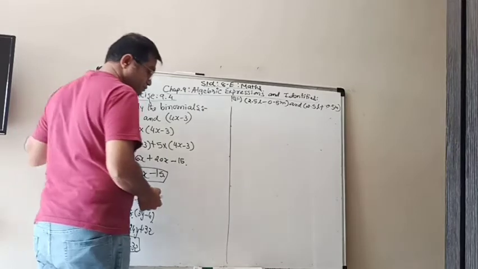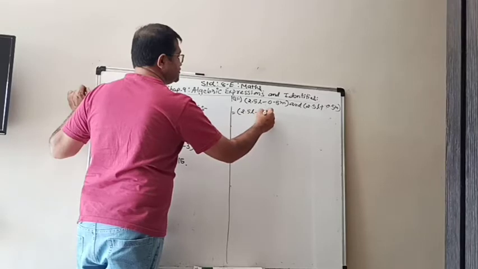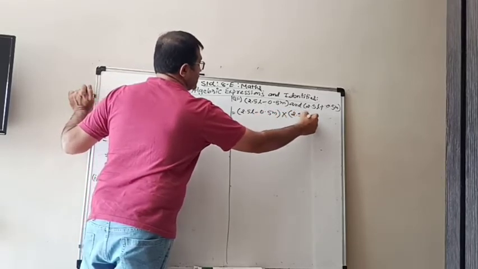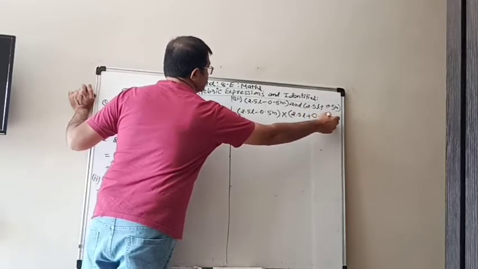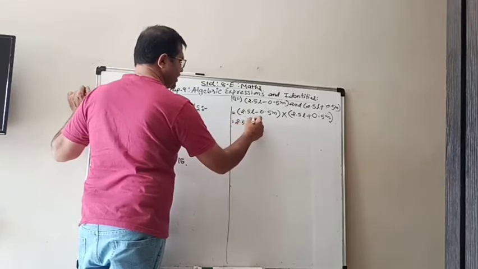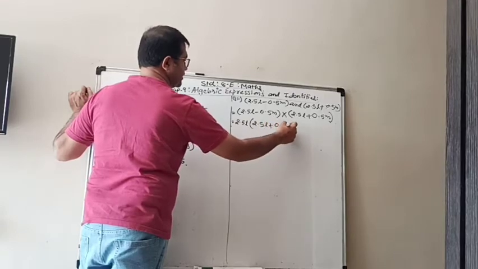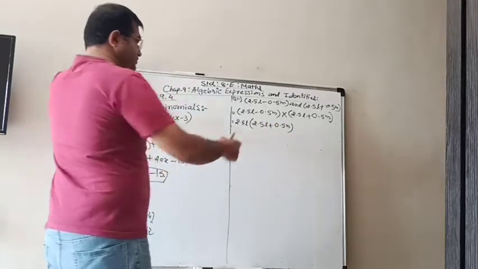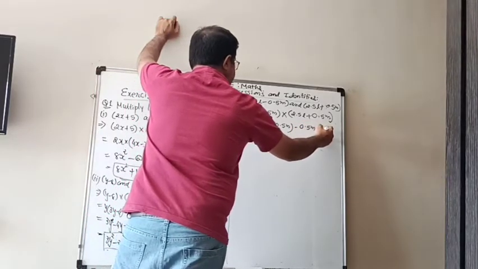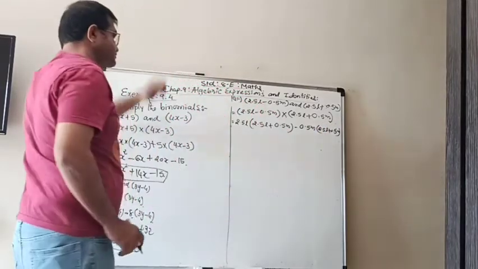So now it is equal to 2.5L minus 0.5M multiplied by 2.5L plus 0.5M. So now 2.5L into the second bracket, 2.5L plus 0.5M, minus 0.5M again into the bracket, the same 2.5L plus 0.5M.